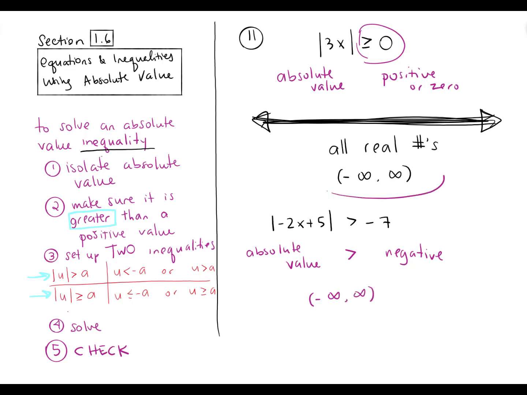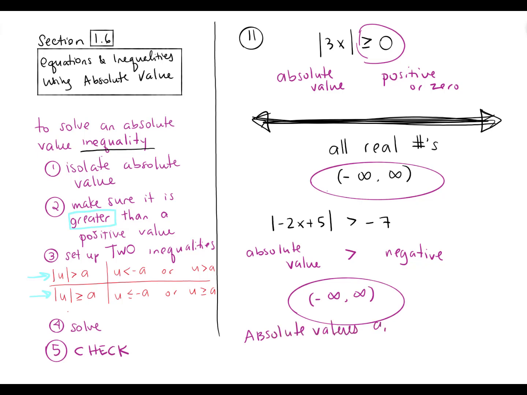And so we have these special cases where this happens, and you just have to keep in the back of your head when you're dealing with absolute values, the absolute values are either going to be positive or 0.